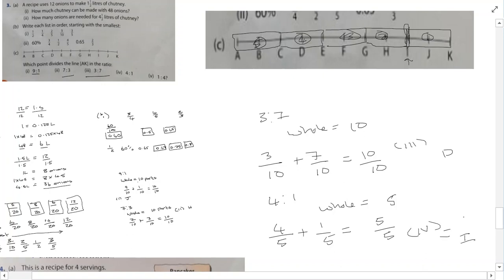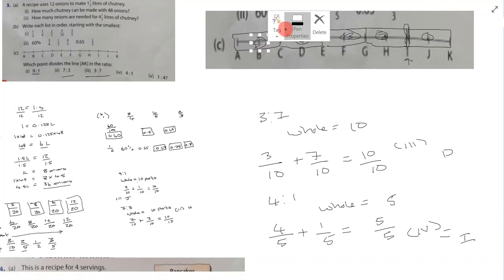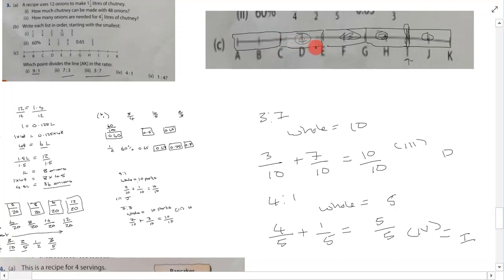Okay, so we put it on part I, and then the final question, we want to split it up so that we have 1:4. So we want to just reverse this. So let's just get rid of the numbers on the inside. Okay, so again, it's already split up into 5 parts.